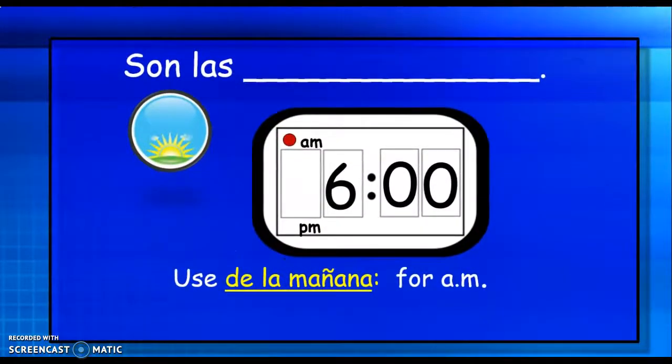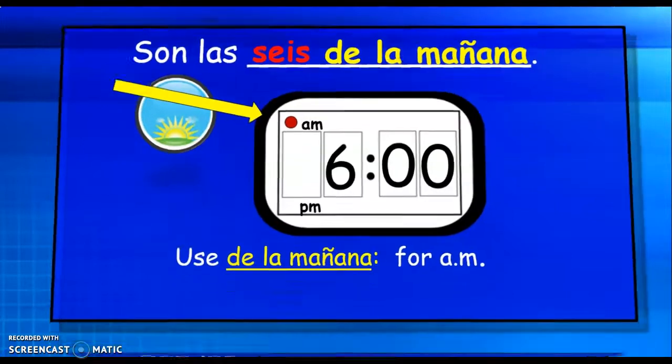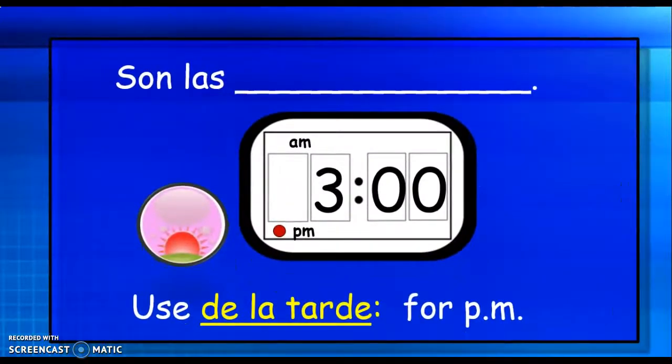Sometimes you want to talk about whether it's a time in the morning or a time in the afternoon. So if you want to say it's a time in the morning, you would say son las 6 de la mañana. If it's in the afternoon, you would say son las 3 de la tarde.